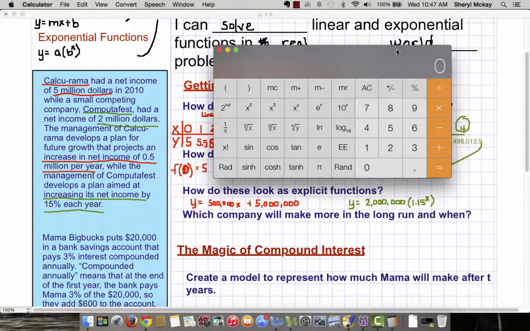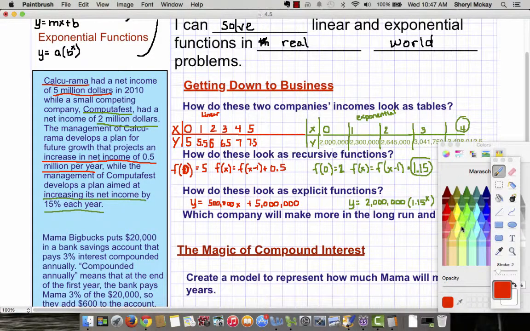So if x is 10, then that means 0.5 times 10 plus the 5 million. Good old Calcurama at 10 years has made $10 million.